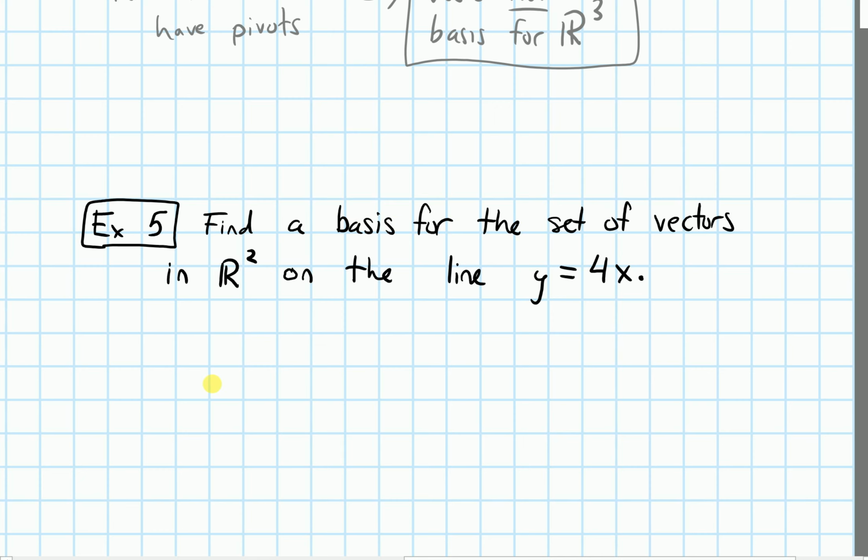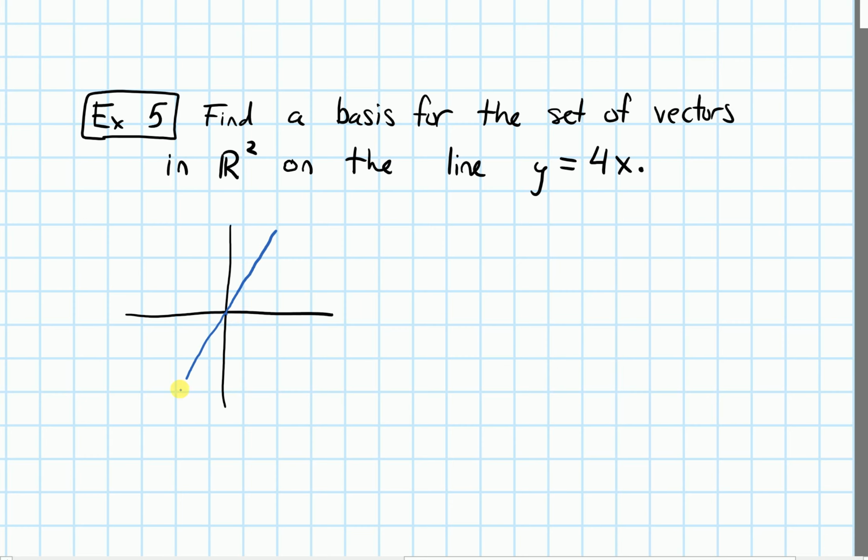It goes through the origin, and it has a slope of 4. For example, when x is 1, the y value is 4. When x is 2, the y value is 8 on this line. I want to describe the set of vectors on this line and give a basis for that set of vectors.